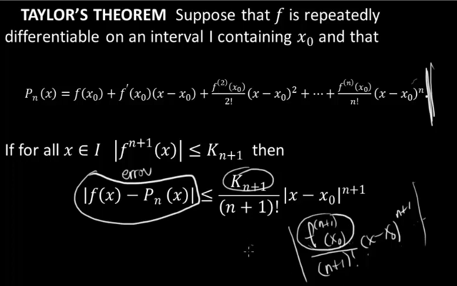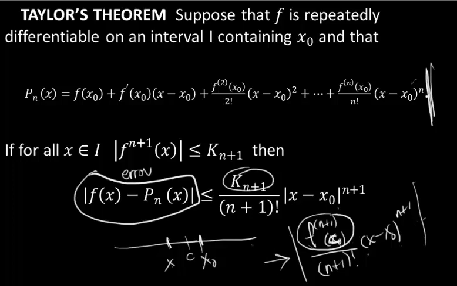In actuality, if you're estimating, let's say you've centered your series at x naught and you're using p sub n to estimate f of x, there is a number c between x and x naught, so that if you put c in, this is the error.